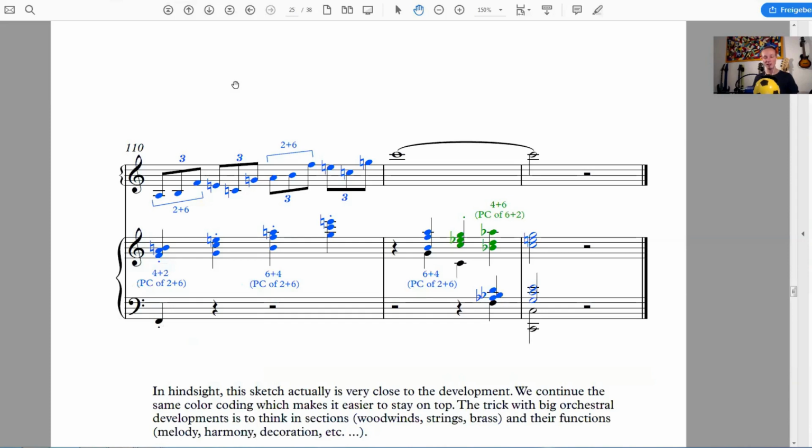It's always easier if you want to write a romantic piece to start with a structure or a line or whatever musical material that reminds you of the genre that you want to write for.